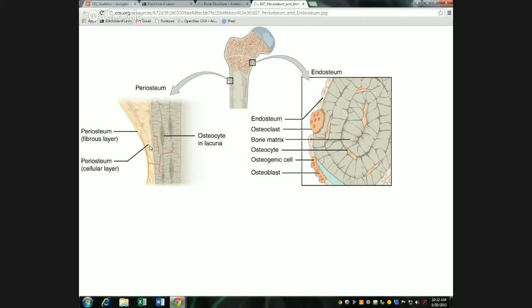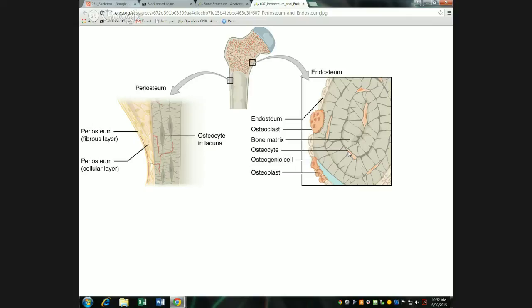When the bone matrix forms around an osteoblast, the osteoblast then matures into what we call an osteocyte. So in the middle of the bone matrix, any cells that we see are osteocytes. And those are here in the compact bone tissue, where we see an osteocyte sort of sandwiched between layers of bone matrix.